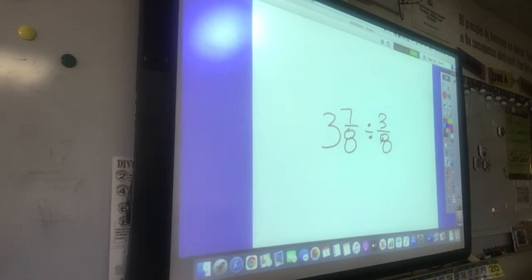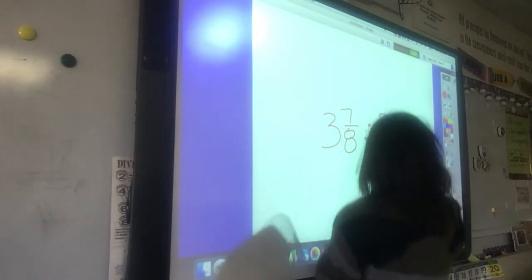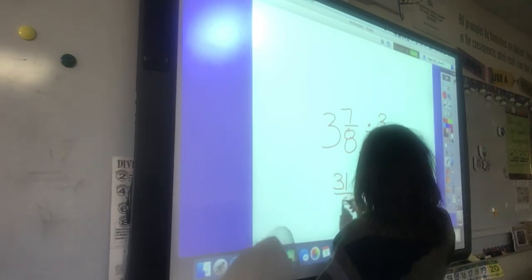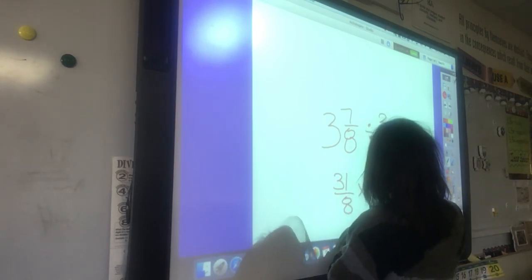All right, so let's switch 3 7/8 to an improper fraction. Excuse me, it is a mixed number. Change that to an improper fraction. Ivy, what'd you get? 31 over 3? 31 over 8, yes. Okay, so we're going to keep, change, and flip.